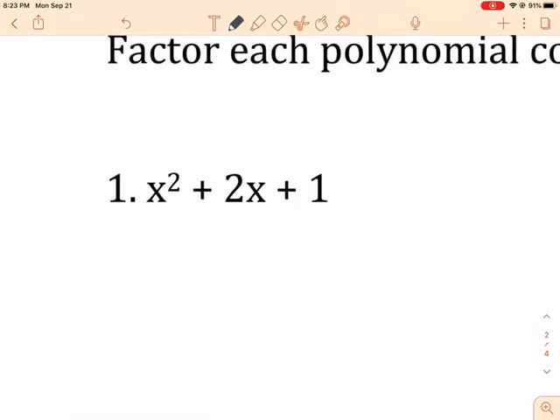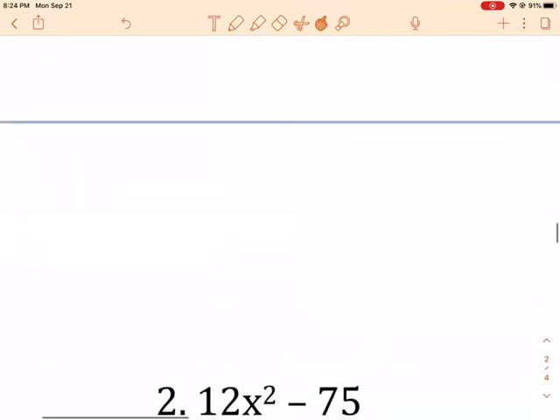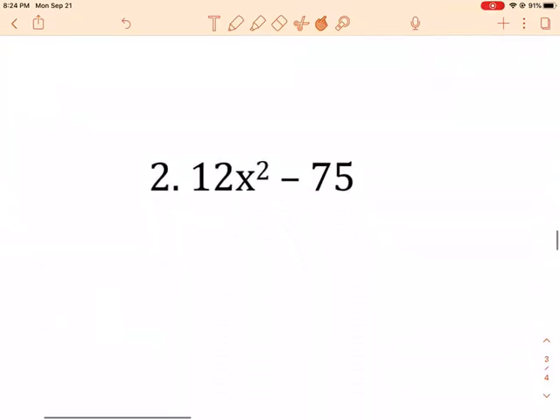Perfect square trinomial or regular? Perfect square trinomial. Unsquare them. Again, keep the sign of your b term, quantity squared. That should be a perfect difference of squares. 12 and 75 aren't exactly perfect, but they are multiples, so we can do a GCF.